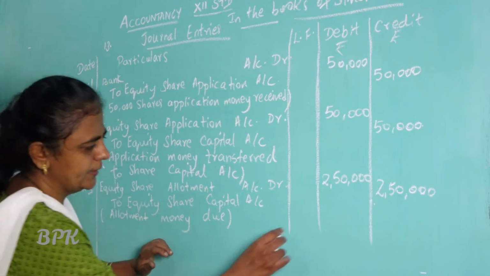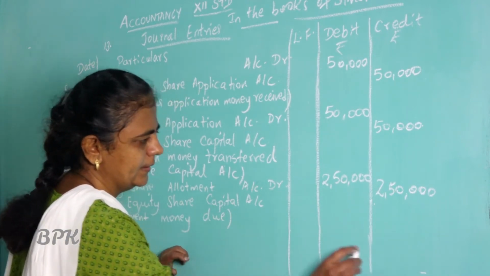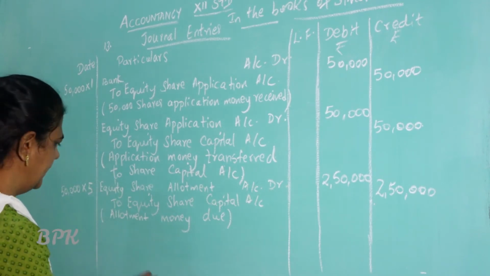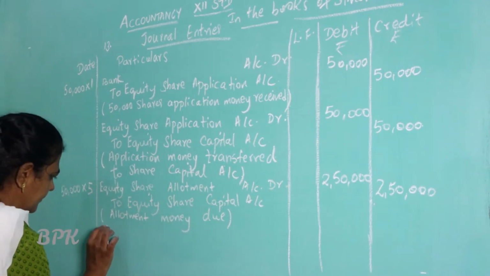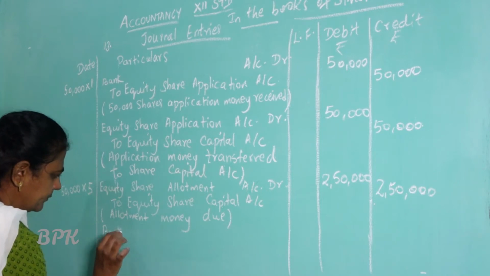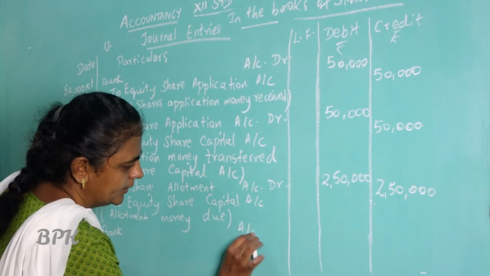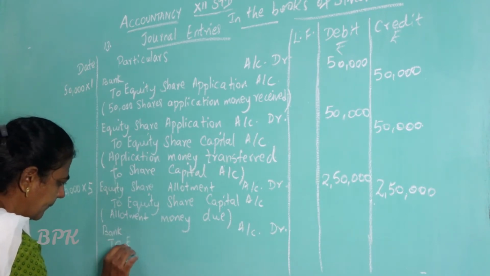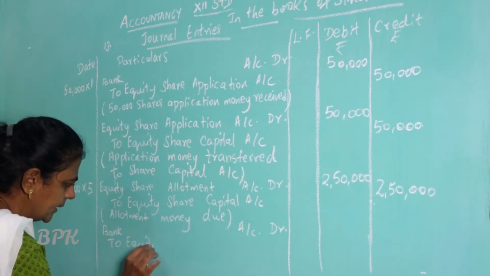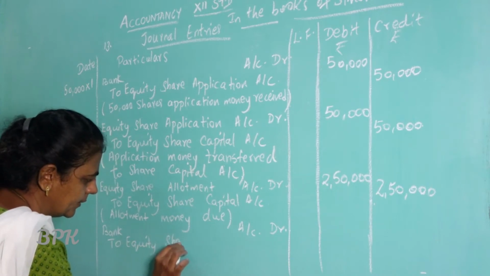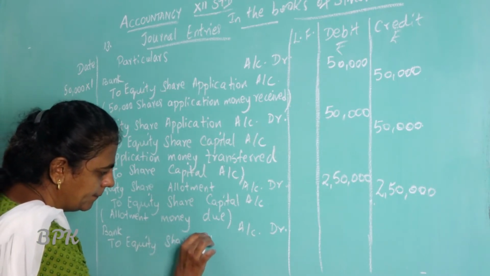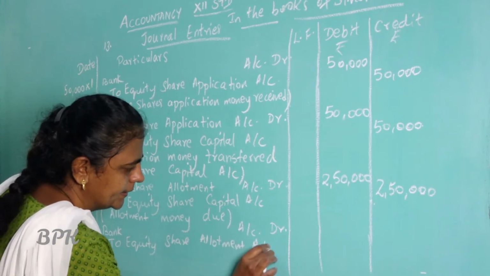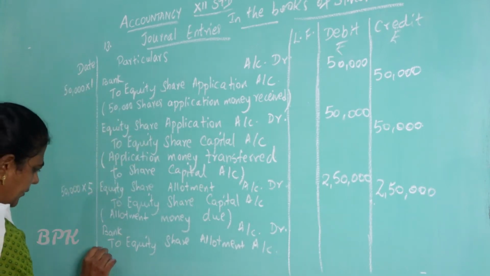Next, what you have to write? Allotment money is received. So what you have to write? Bank account debit to equity share allotment account.